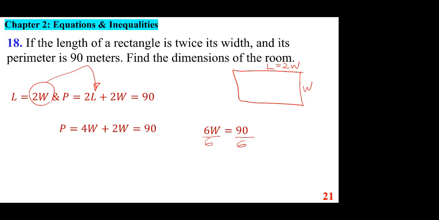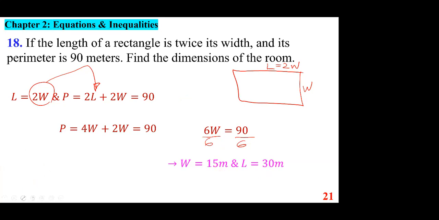And it results in the width being 15, and the length is 2 times that, 30 meters. So we end up with the width being 15, the length being 30. It's important to check as follows, everybody. If you add these two, you get 45, times 2, you get 90.